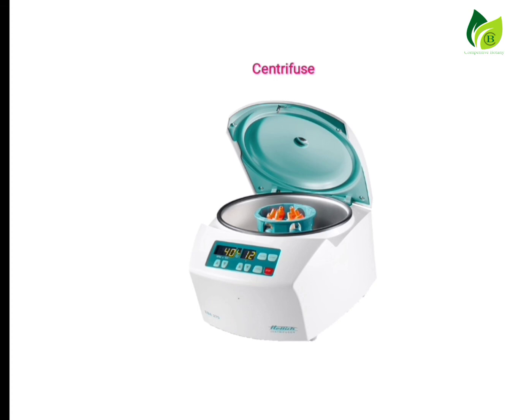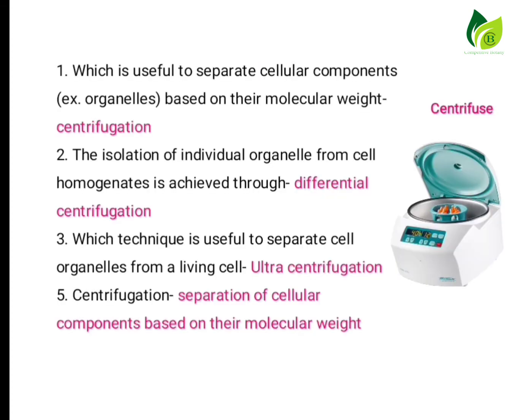Now we are going to look at the important questions from centrifugation. Which technique is useful to separate cellular components like organelles based on their molecular weight? The answer is centrifugation. The isolation of individual organelles from cell homogenates is achieved through differential centrifugation.